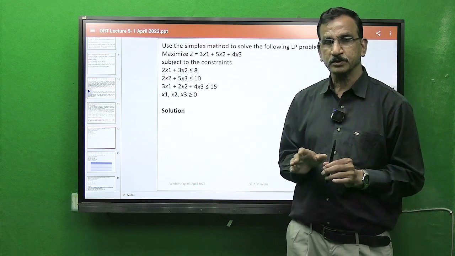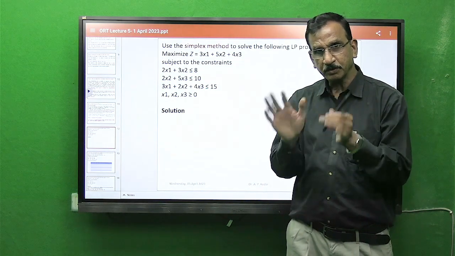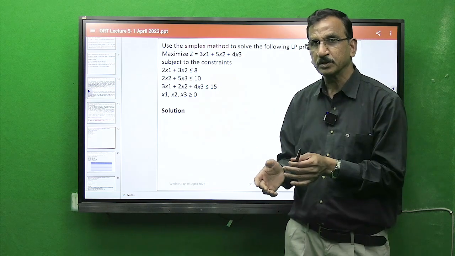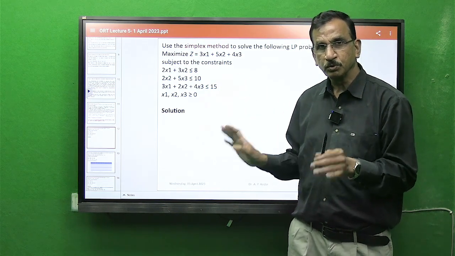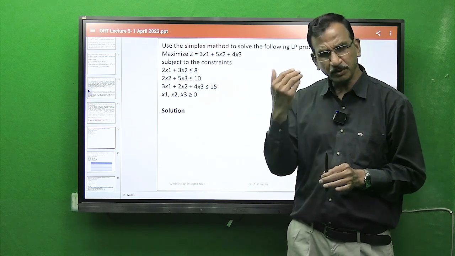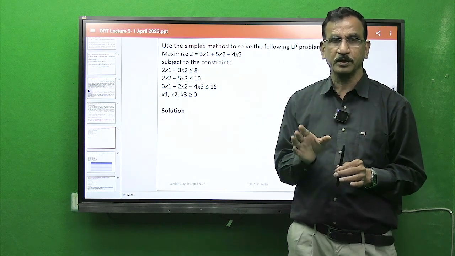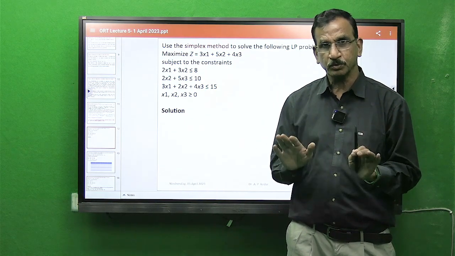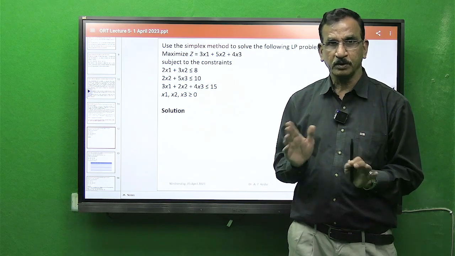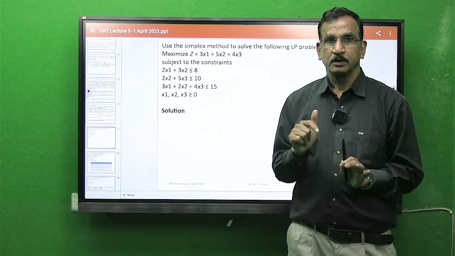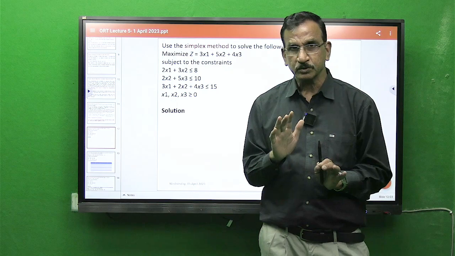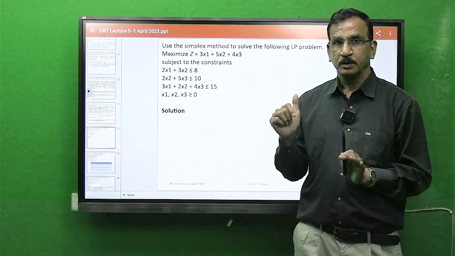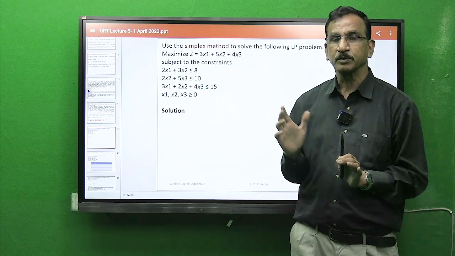With sufficient practice, you will get confidence. With that confidence, we will go in the next lecture to find the solution of a given maybe 2 variable problem, maybe more than 2 variable problem, by the simplex method. So here today we will stop, and we will be covering the analytical solution, the real application of the problem, from the next lecture by this particular example.